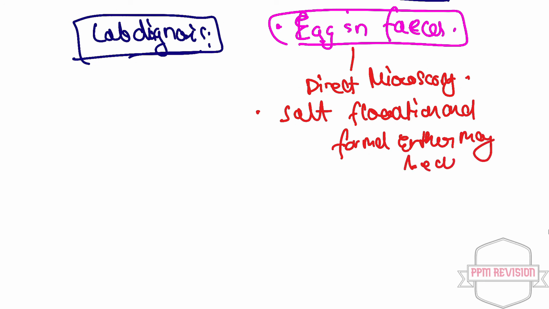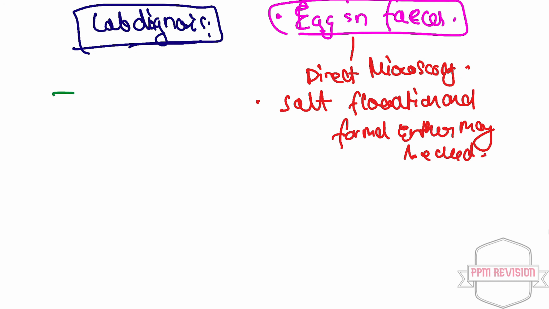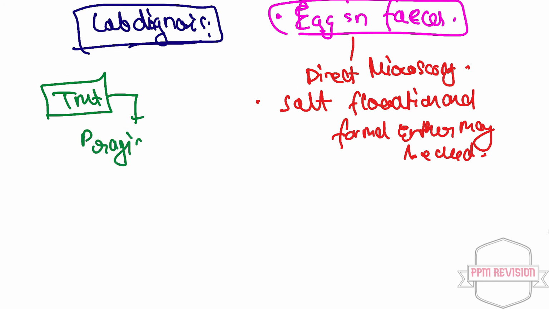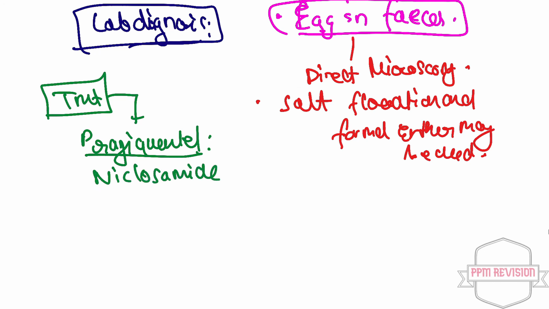Now, looking at the treatment aspect. Praziquantel is used, and also niclosamide can be used. Here also we need to know the priority, that is, praziquantel is preferred over niclosamide.